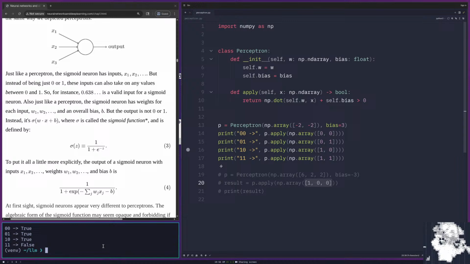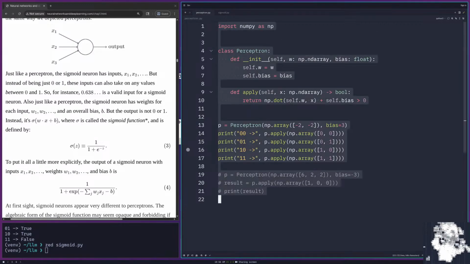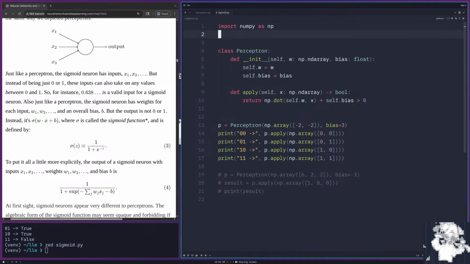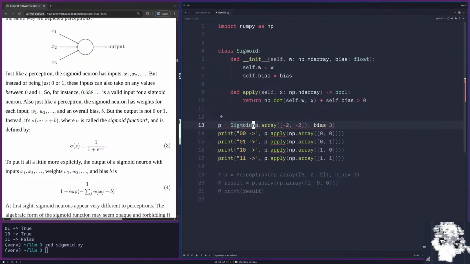Okay, let's start implementing. So touch sigmoid.py. Let's give it the same interface as perceptron. Call it sigmoid.